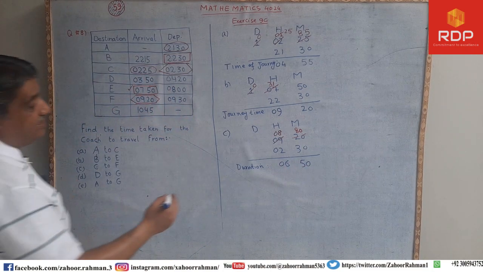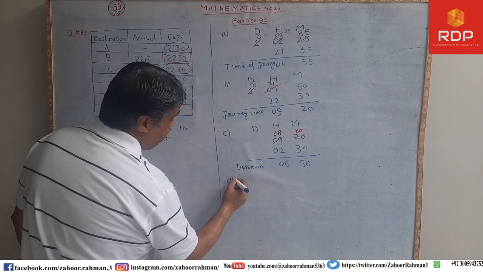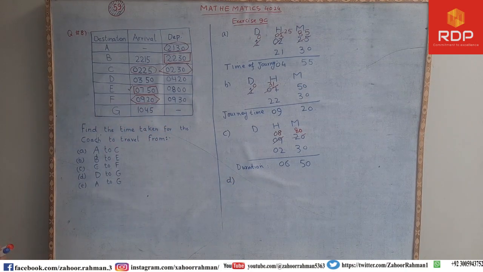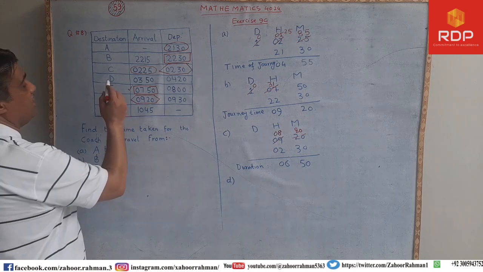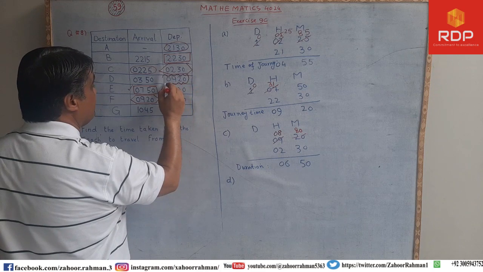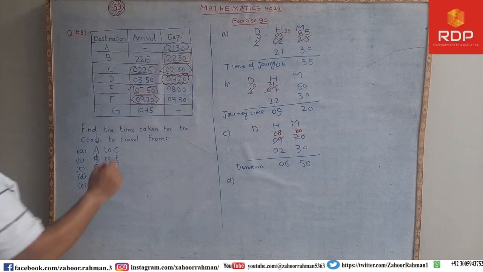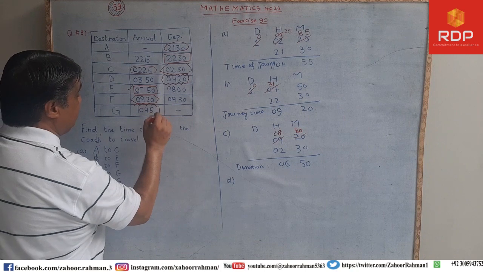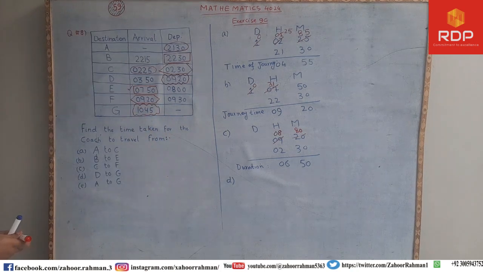Now let's talk about the D part. And in D part, first we have to see from D to G. So D is this one and G arrival time is this one.